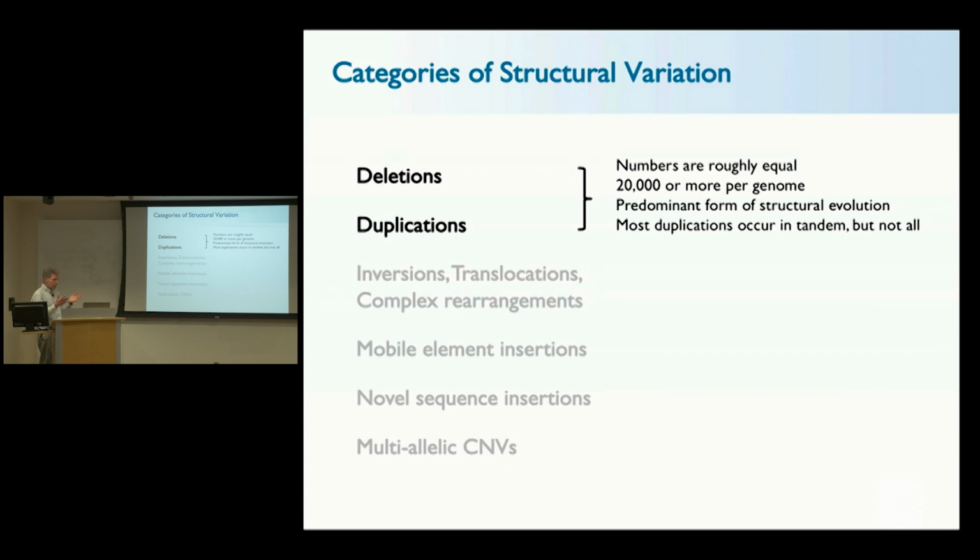This seems to be the predominant way that the genome evolves at this scale: you'll just lose a segment of DNA, or you'll have a segment of DNA that duplicates. Usually it duplicates in tandem or nearby. Occasionally a piece of DNA will shuffle and go far away in the genome. And then these, if they're not under selective pressure, will persist in the population and be inherited.